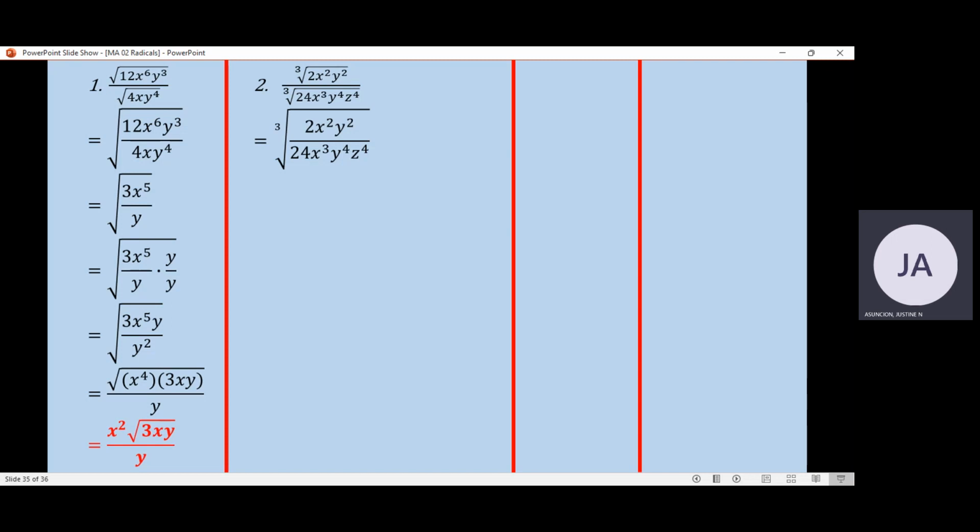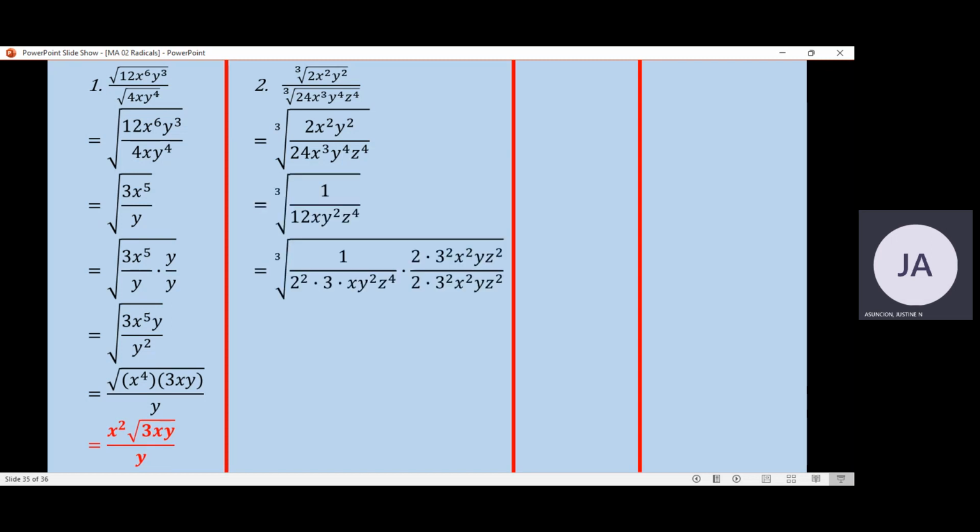So that's 2 over 24, that's 1 over 12, right? And then since the exponent of variables x, y, z is higher in the denominator, we have here 1 over 12 x y squared z raised to 4. Okay, so the cube root of 1 over 12 x y squared z raised to 4.